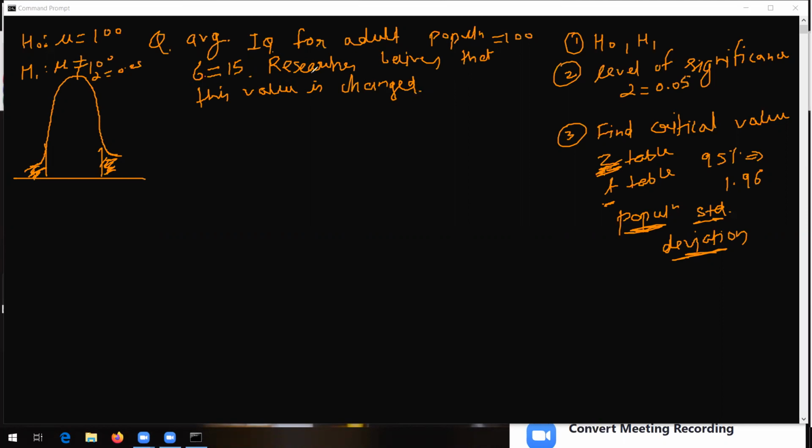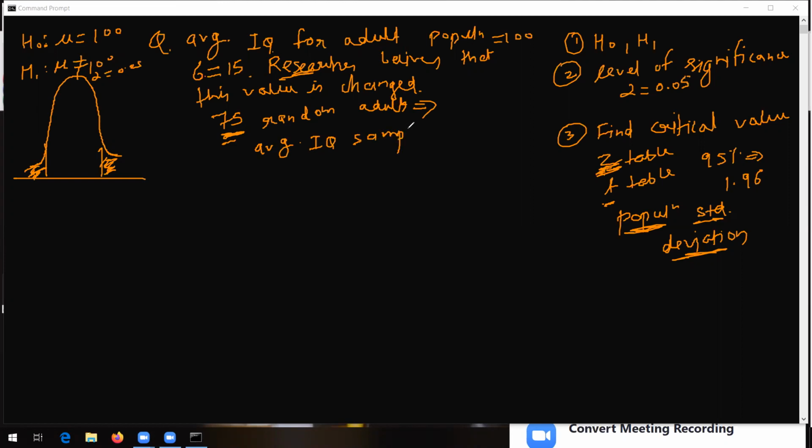And that's why that researcher decides to test the IQ of 75 random adults. The average IQ of the sample is, that is this one.